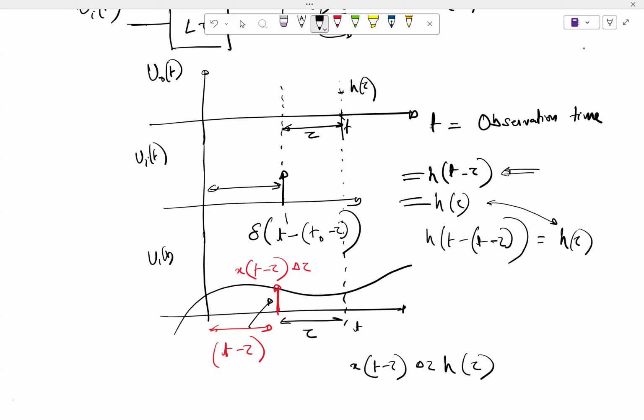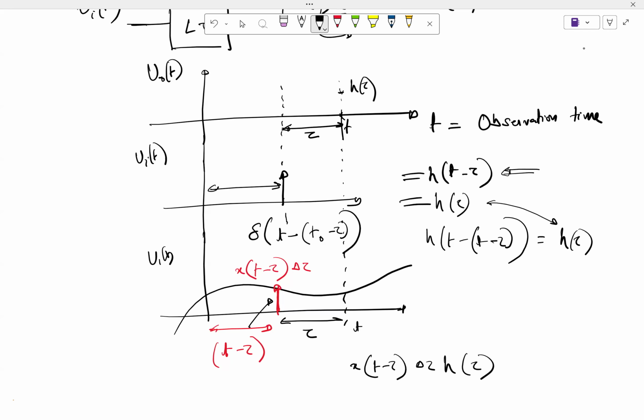h of tau. And this is for one sliver. In order to find the effect of the entire history, this is the history happening at that particular time instant, tau before the observation time t. But I am interested in the effect of the entire waveform, how it is affecting the observation at t.